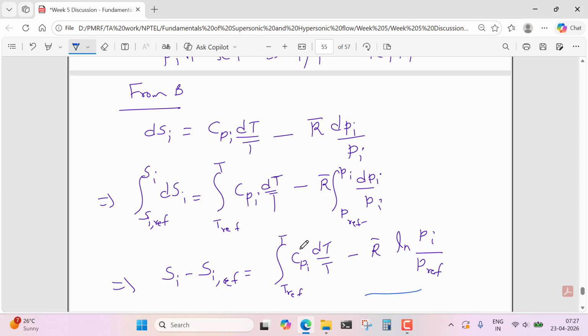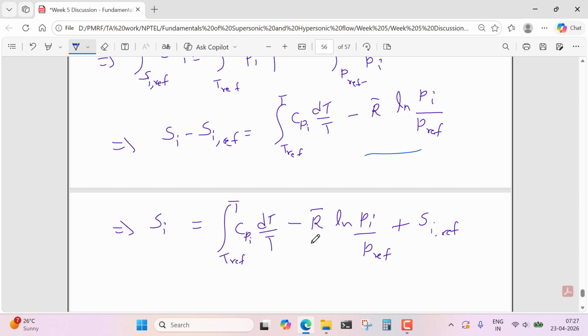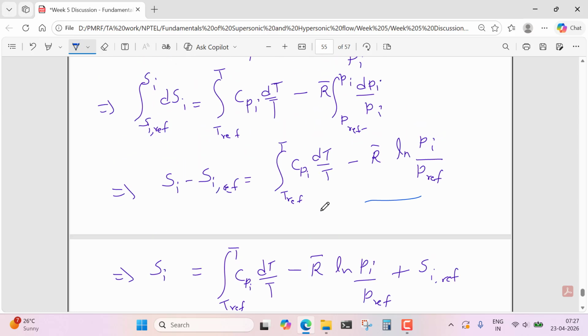Integration of dT upon T we are not doing because Cpi is a function of temperature. So si will be equal to integration from T reference to T of Cpi dT upon T minus R bar log Pi upon P reference plus si reference.